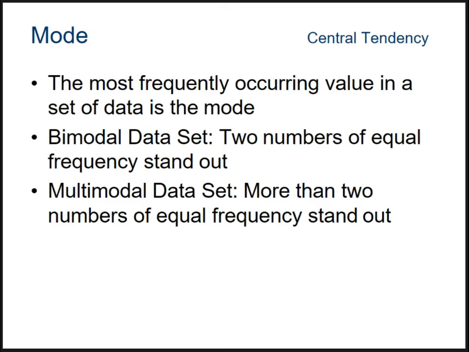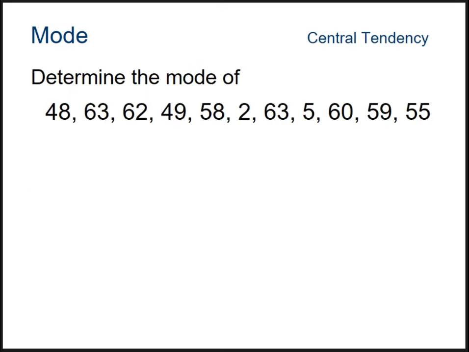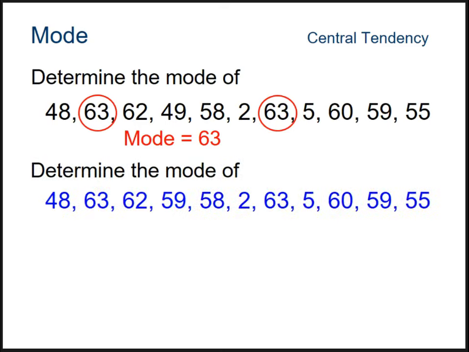But if it's bimodal, it means it has two numbers with equal frequencies that occur. And if it's multimodal, that means it has more than two numbers that stand out that have equal frequencies. So if you look at this data set, you'll see that 63 is the mode, because 63 is the only number that occurs twice.